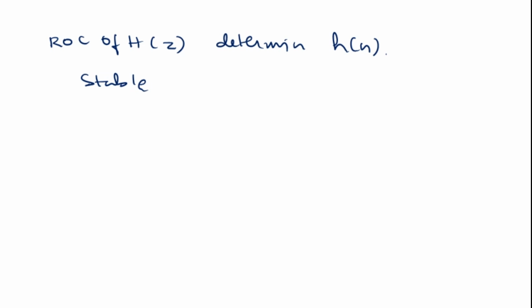Find the ROC of h of z and determine h of n for the conditions the system is stable and the system is causal.